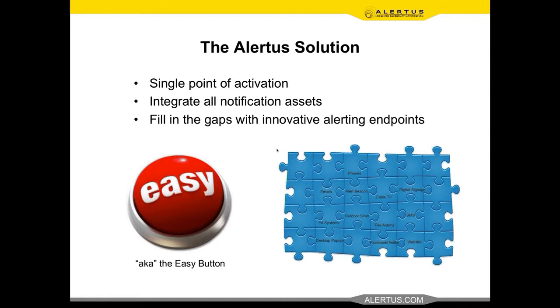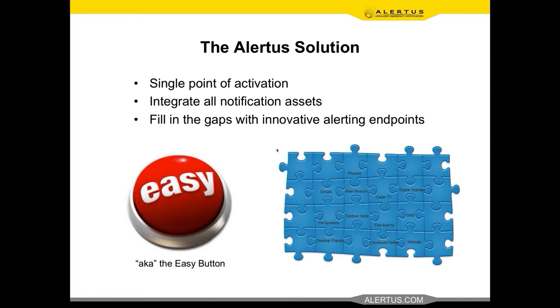So to bring everything together, Alertus provides a single point of activation. All of these puzzle pieces, these assets, the outdoor sirens, fire alarm, PA systems, alert beacons, desktop pop-ups, all these things that are out there that you may or may not have access to or implement with Alertus, we're able to provide one single place to activate.